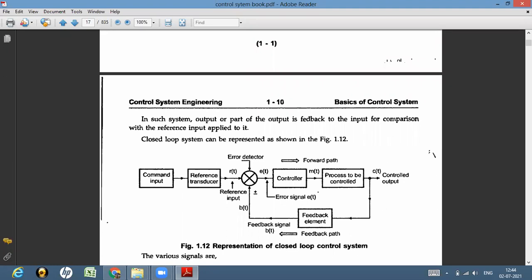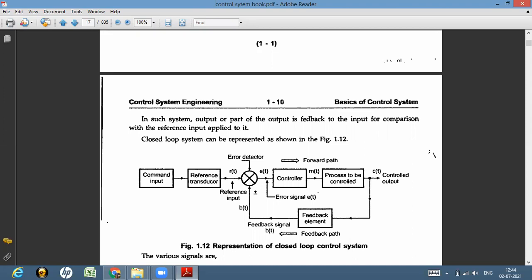Maybe there is some electricity failure. So we have a number of reasons due to which the control system becomes uncontrolled, and these are basically called errors. These errors can be detected with the help of an error detector.